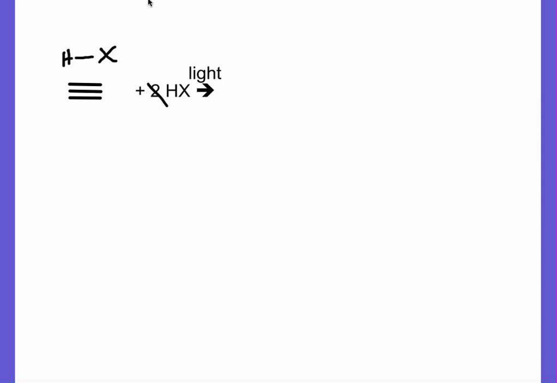It really wouldn't matter which side or which way I add this, because again, remember, this is symmetrical right now. So I'm going to break those bonds. I'm going to connect here and here. I'm going to start out by getting this product.